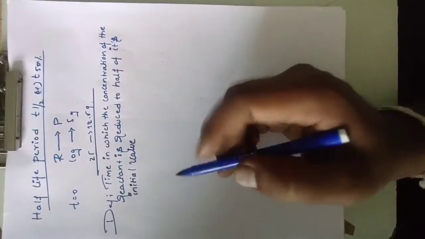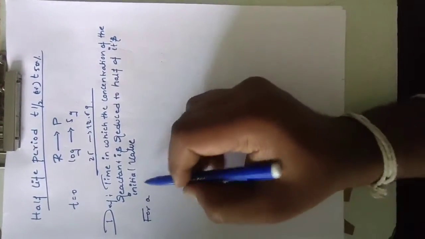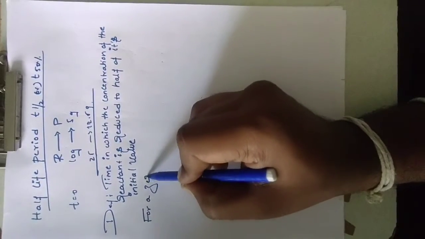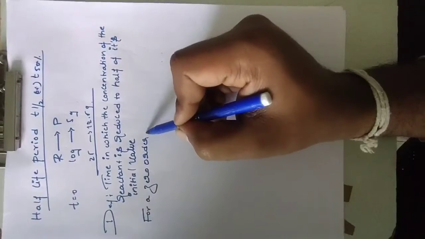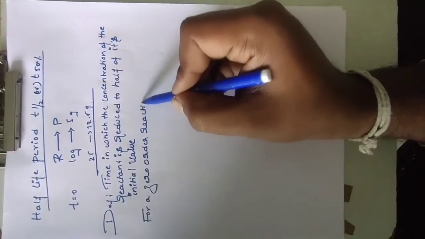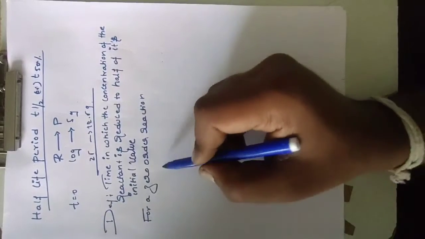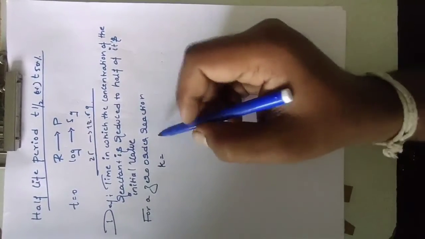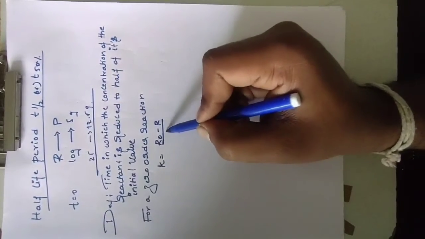First, we take a zero order reaction. What is the zero order reaction? k = (r naught - r) by t.